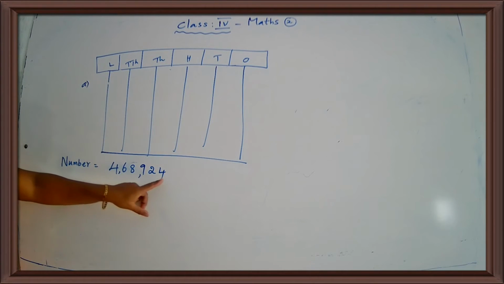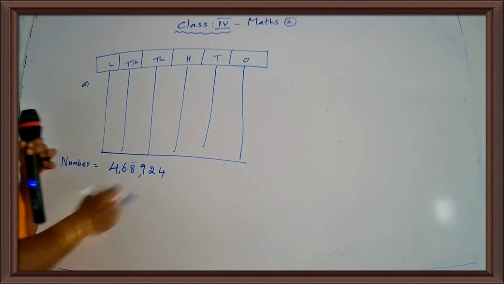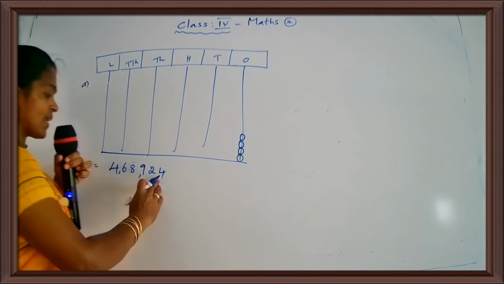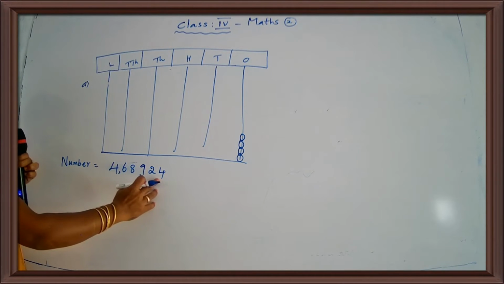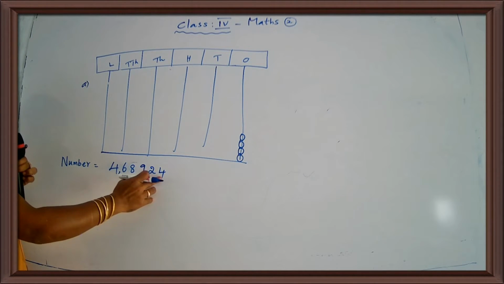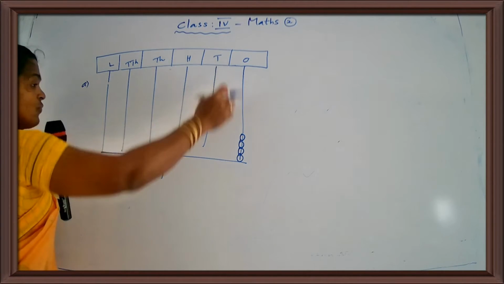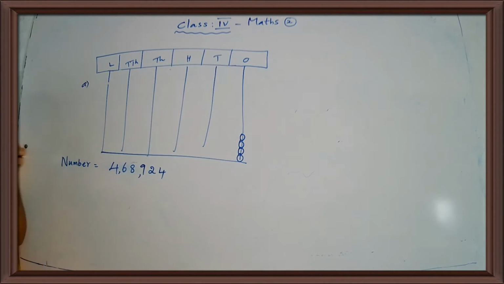First, ones place. What is the number in the ones place? The number is 4. That's why you draw 4 beads. 1, 2, 3, 4. Okay children, the ones place is 4, so you draw 4 beads in ones place.